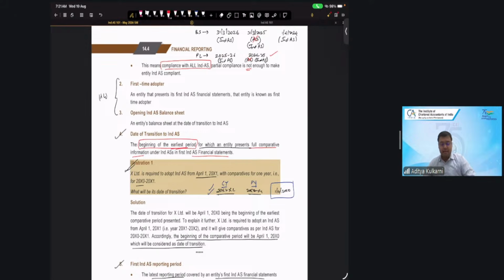As I said, in an IPO, if you are preparing a 5-year balance sheet and P&L, then the beginning of the fifth of the prior 5 years, the earliest period, becomes your date of transition. That becomes your date of transition. Are we okay with this? Any doubts?